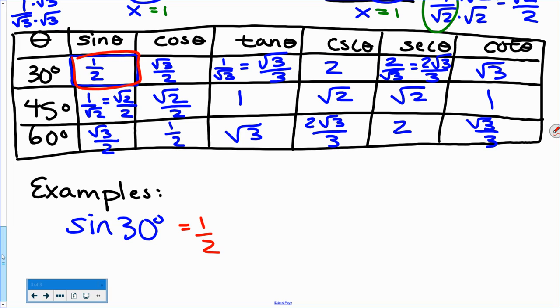It's going to ask you for an exact answer. So if I asked you for cosine of 45 degrees, the exact answer is the square root of 2 over 2. Make sure you're using the radical and that fraction in Math Excel. That is it for our lesson today.